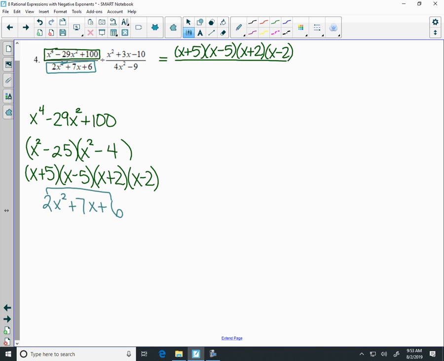Two numbers that multiply to 12 and add to 7 are 3 and 4. You can take out an x from the first two, and I can take a 2 out of the next.